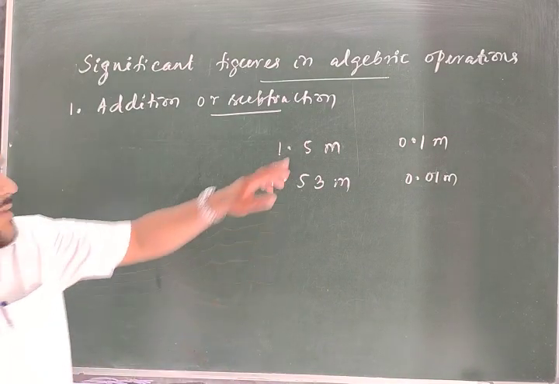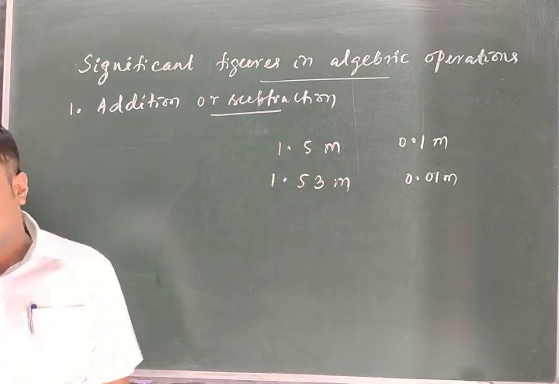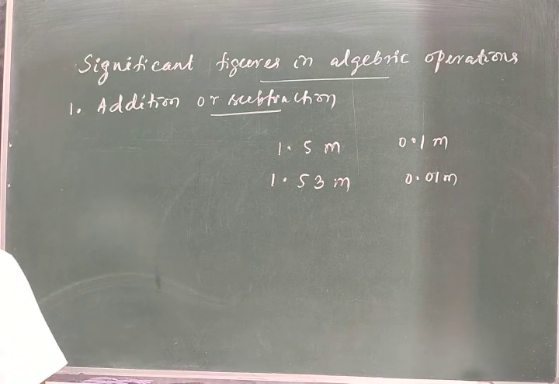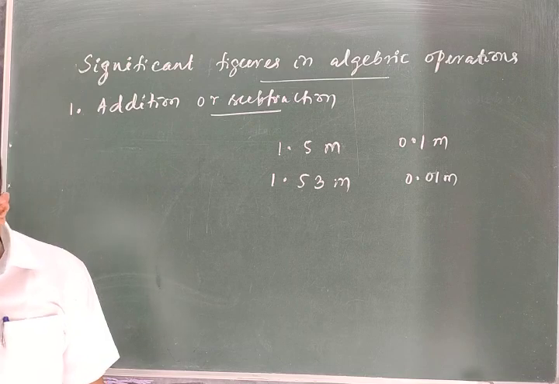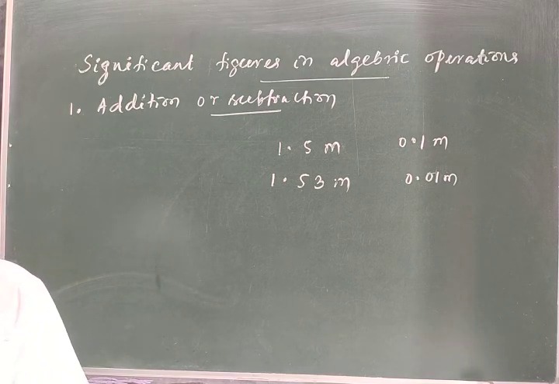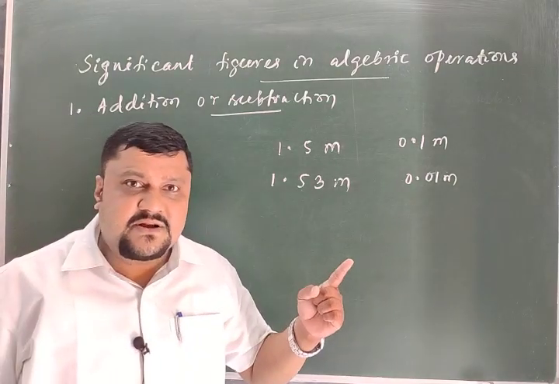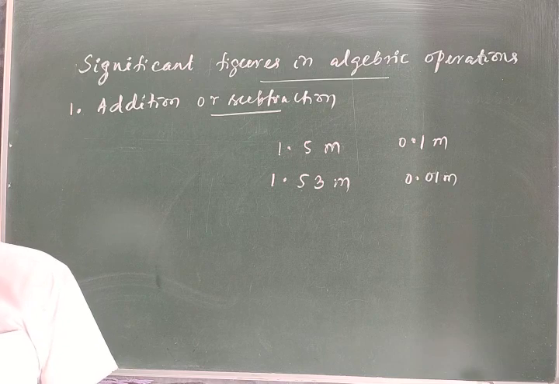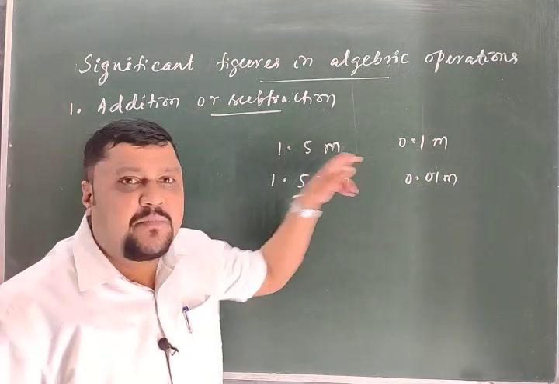So if you make the summation, addition or subtraction of these numbers, then the final result should not be more than the least precise number.